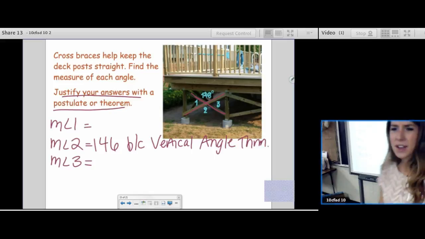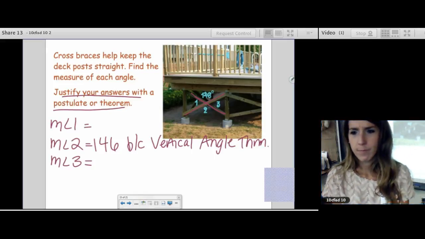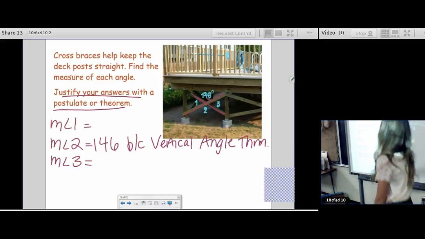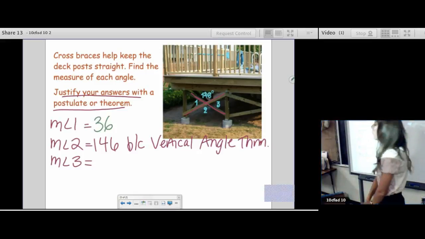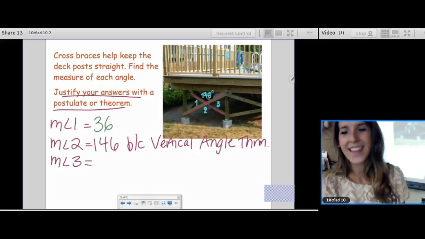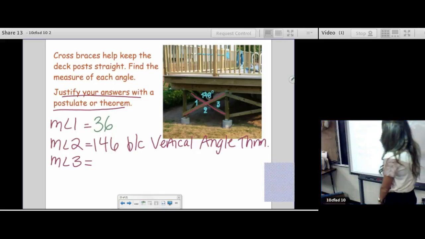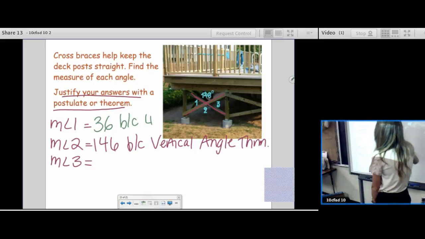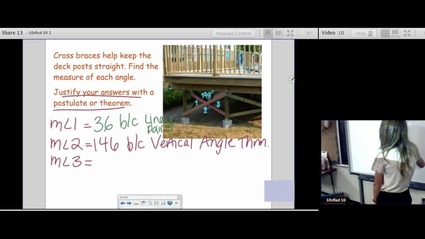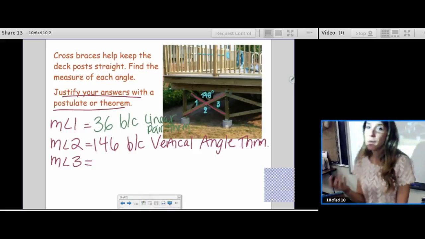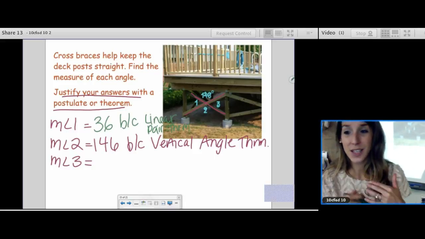Okay. What about the measure of angle 1? What's the measure of angle 1? Good. 36 degrees. And how can I justify that? Because of the linear pair theorem, which says that if 2 angles form a linear pair, then they are supplementary.